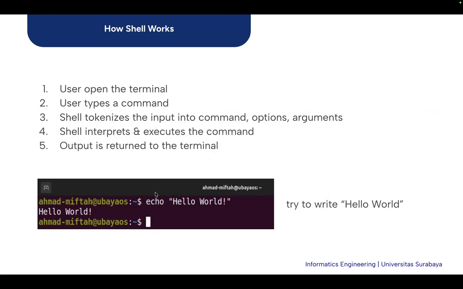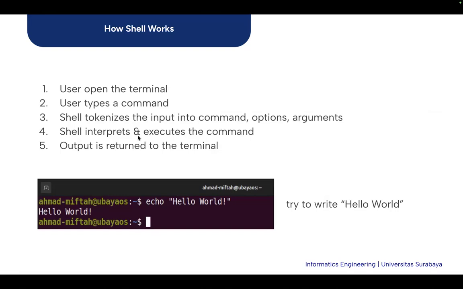Echo here is the command, or in the previous lessons, the command was mkdir, cp, or mv. Then options: in this image there are no options, just arguments, and the argument is hello world. These are the arguments given by us, the system administrator.